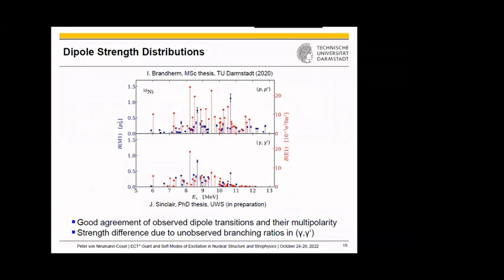And then you get this figure on the dipole strength distribution from the two experiments. I don't want to discuss the details, but just say that in general, we find very good agreement of exciting the same states. But on the average, the strength in gamma gamma prime is lower, in particular when it comes to the high energies here.